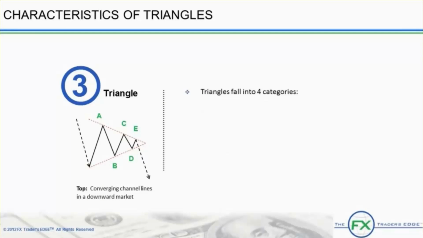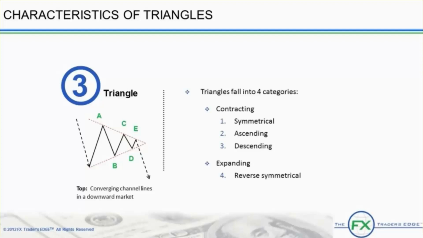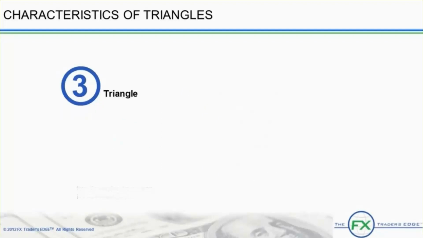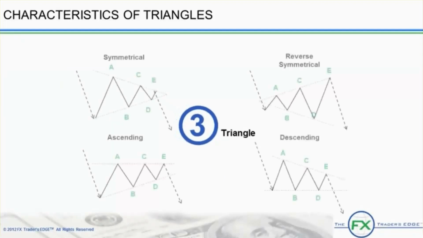Triangles fall into 4 categories: contracting, which are symmetrical, ascending and descending, versus expanding, also known as reverse symmetrical.